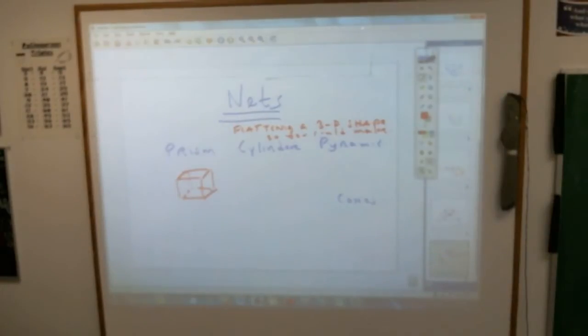What does a tissue box look like when it's unfolded? What is the net of a tissue box? This one will stay together. There we go. Fine.